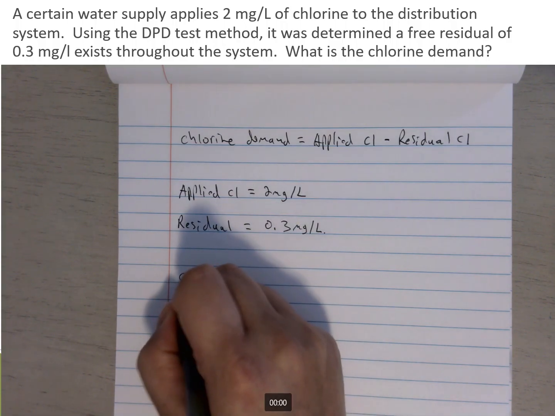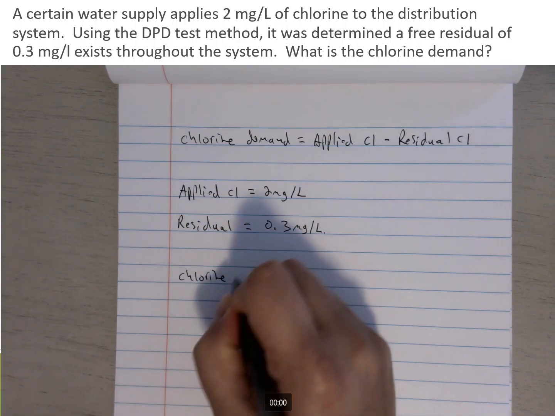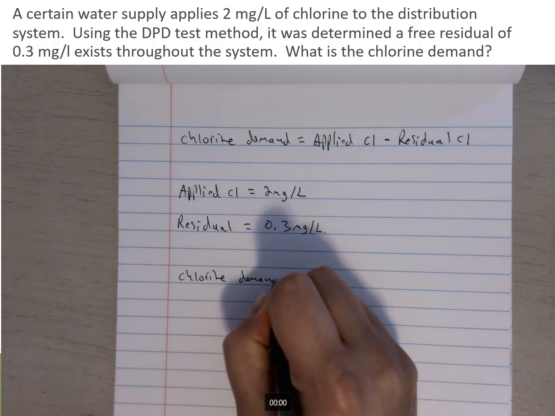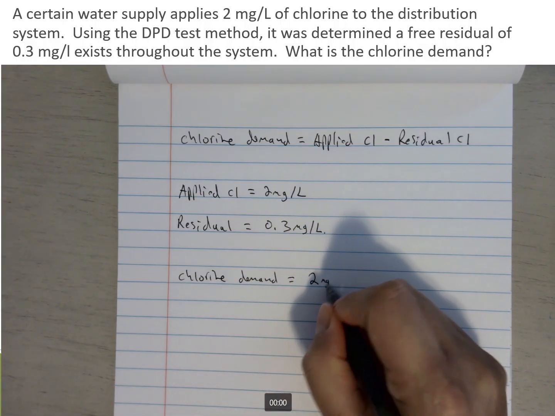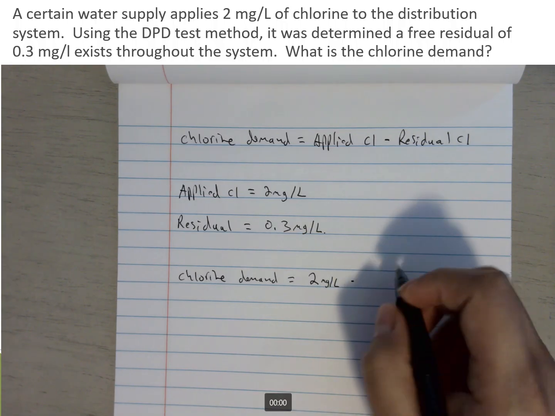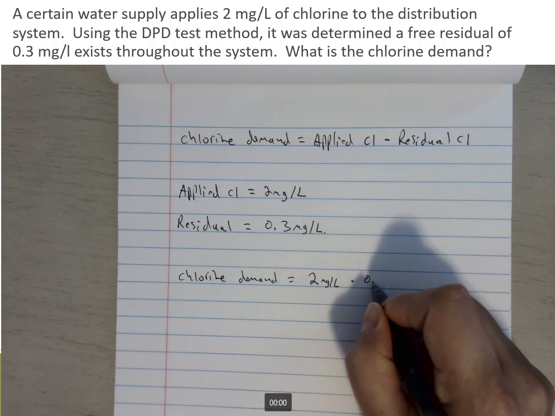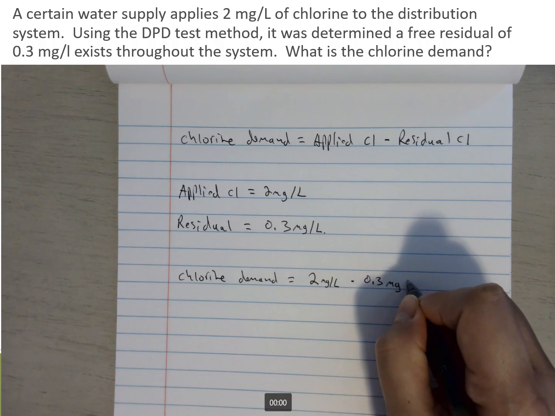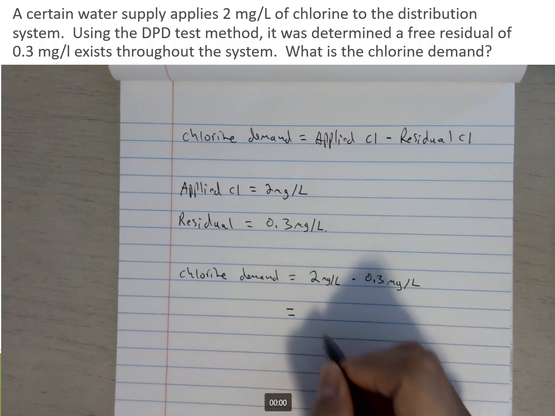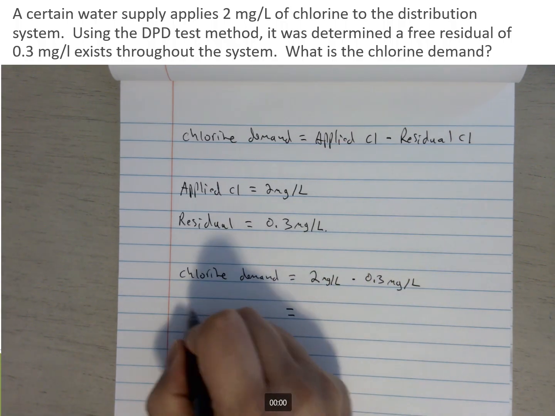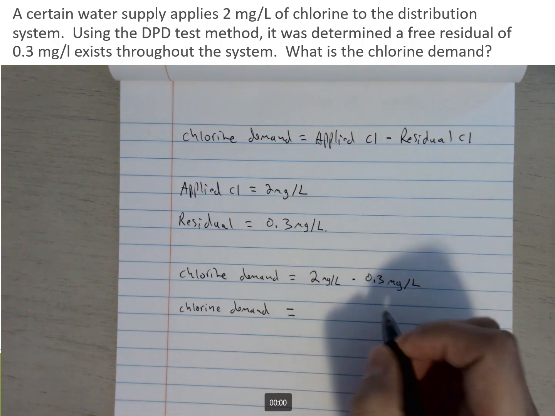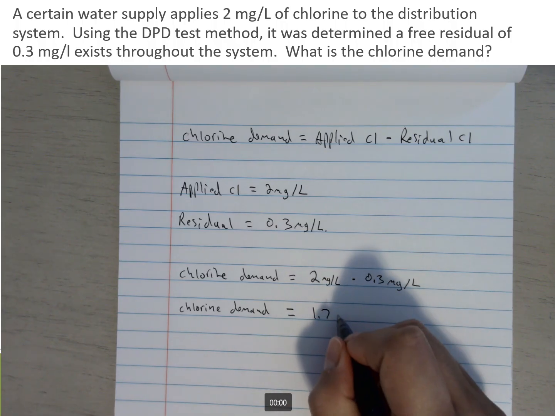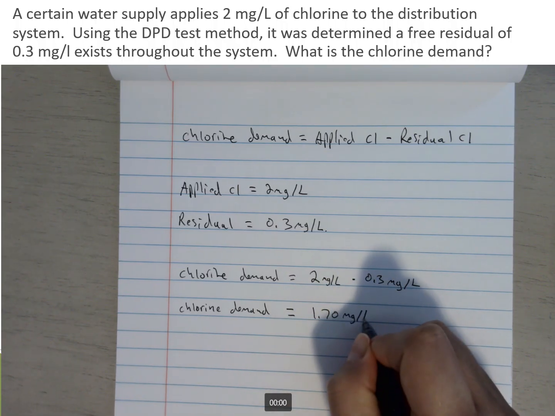And that being said, chlorine demand is equal to 2 milligrams per liter minus that residual 0.3 milligrams per liter. Do the calculation. We get a chlorine demand of 1.70 milligrams per liter.